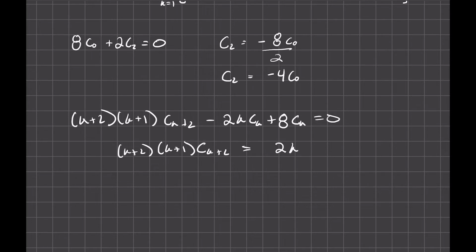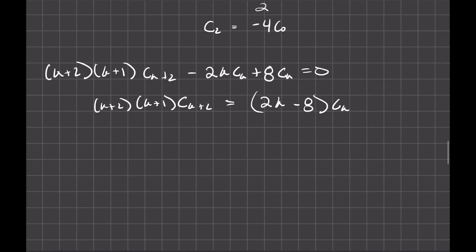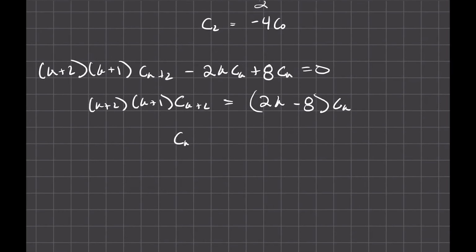So it'll be 2k c sub k minus 8 c sub k, but we could take out the c sub k. And now let's solve for the largest subscript, which is c sub k plus 2.